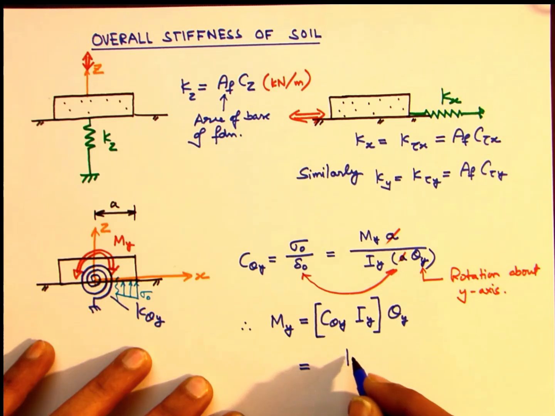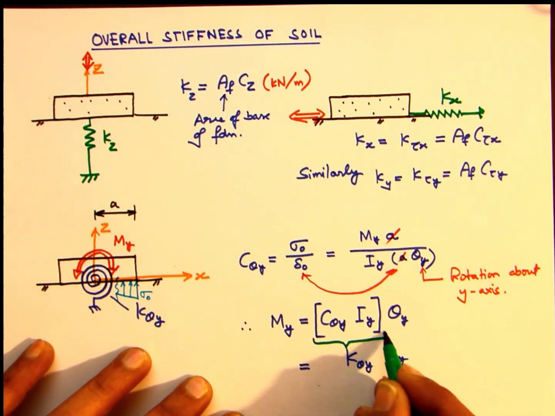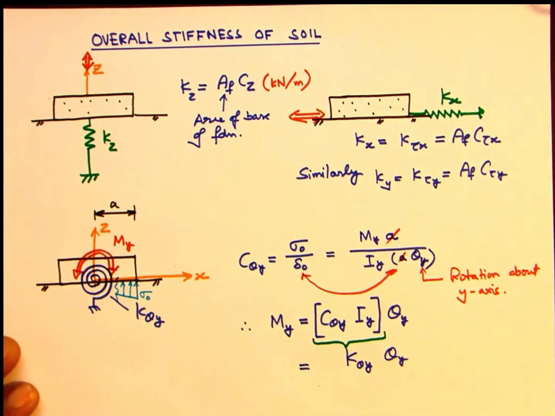So this particular product C theta y into Iy is basically the spring constant, because it's relating the moment My with the corresponding theta.